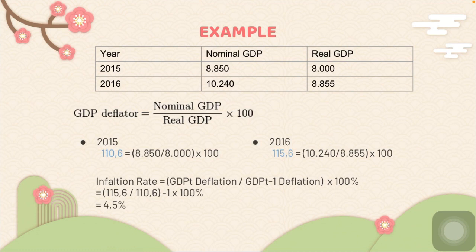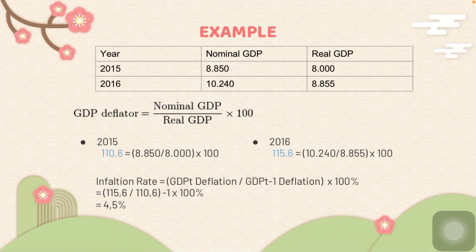How to find the GDP deflator is nominal GDP divided by real GDP. In 2019, 8,850 divided by 8,000 and multiplied by 100. It is equal to 110.6, and in the next year it is 115.6.